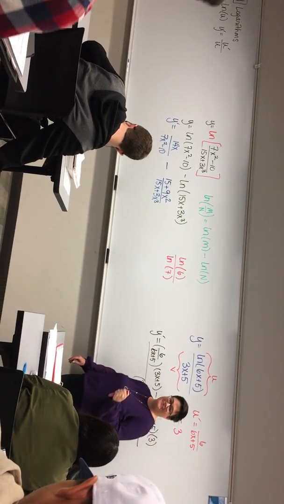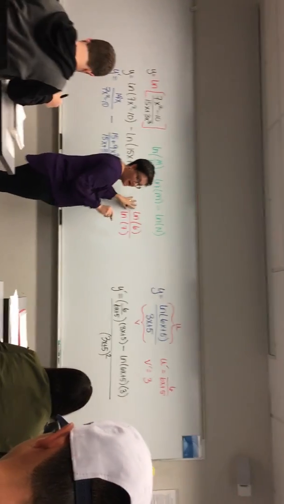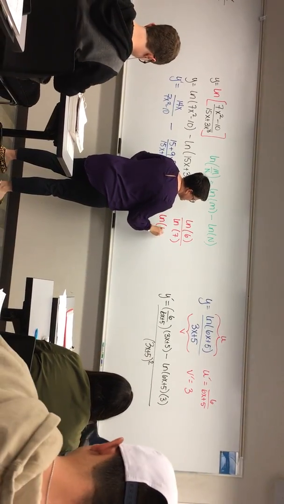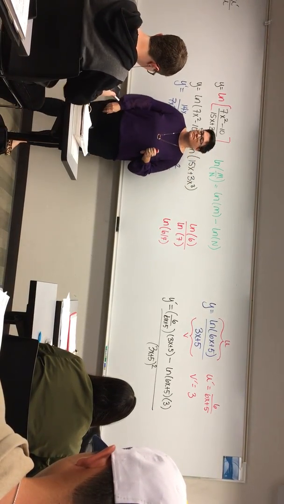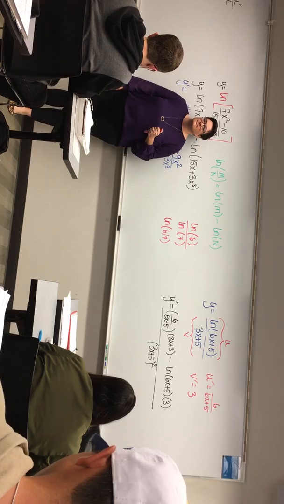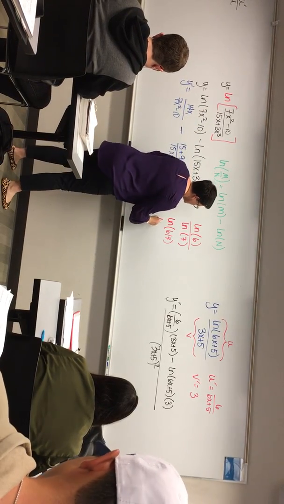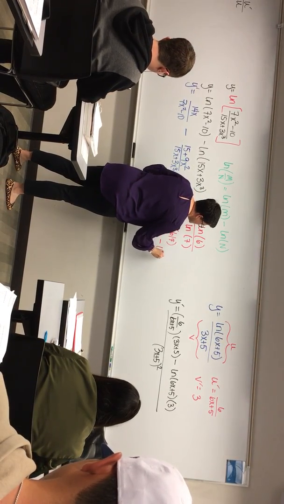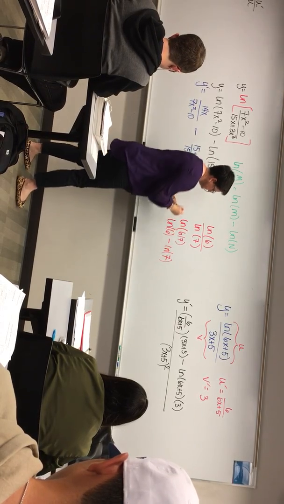You have it? Okay. Now test the natural log of 6 divided by 7. And when you're done with that, try the natural log of 6 minus the natural log of 7 in your calculator.